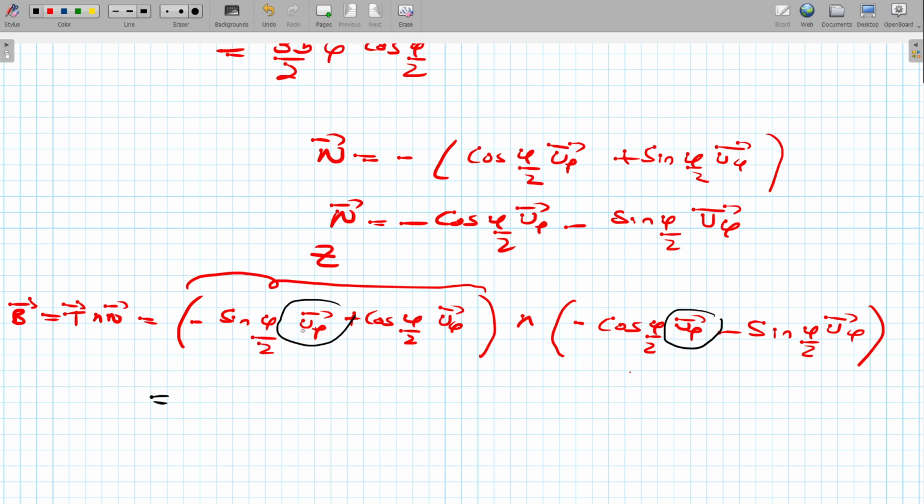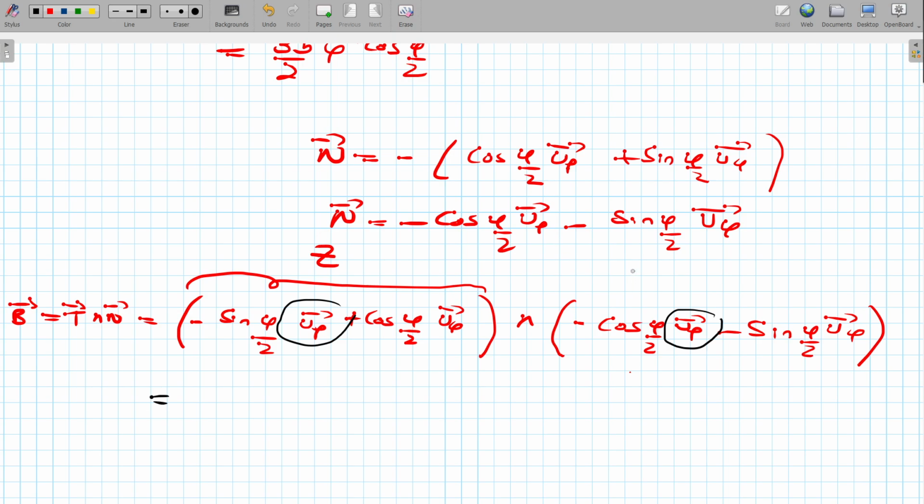Another way of looking at it: you take the vector product of the first term and every term in the second expression, and then you take the vector product of the second term with every term in this second expression. So the vector product of this first term and this first term is 0, because here you have u rho, u rho, like so.